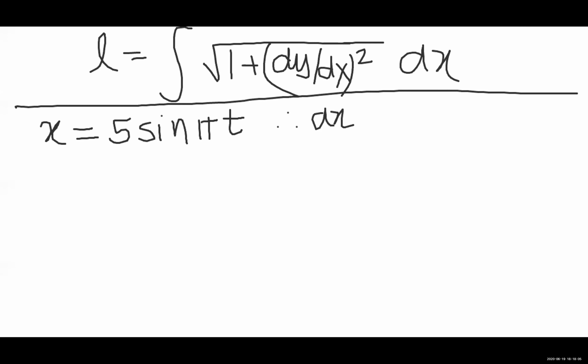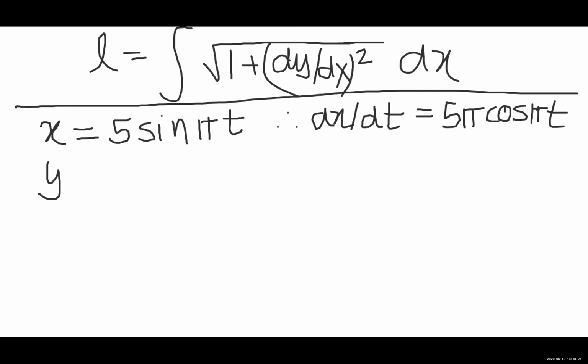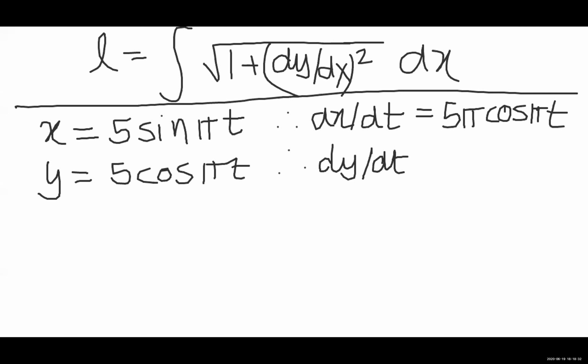Therefore, dx by dt is equal to 5 pi cosine pi t, right? y is equal to 5 cosine pi t. Therefore, dy by dt is equal to minus 5 pi sine pi t.